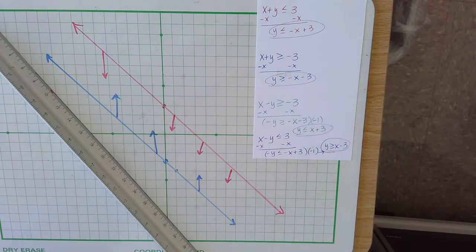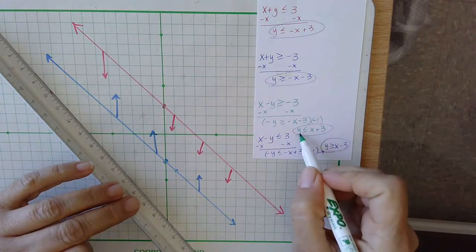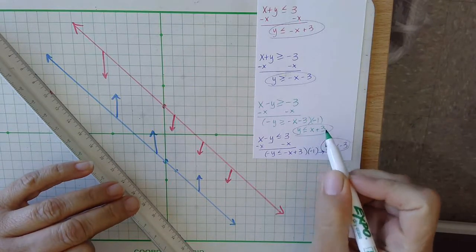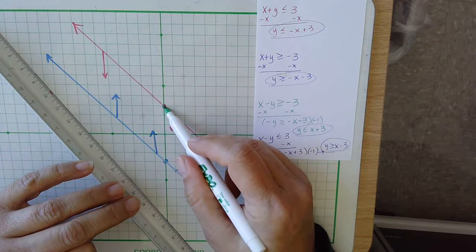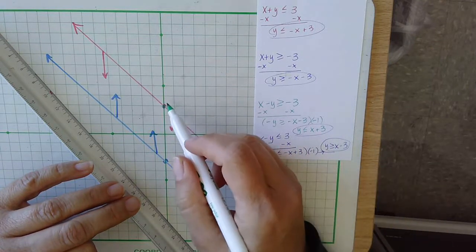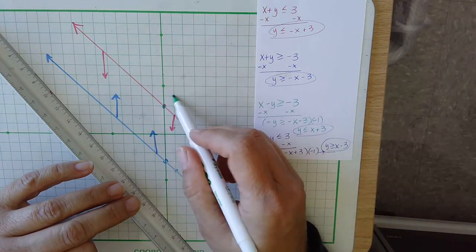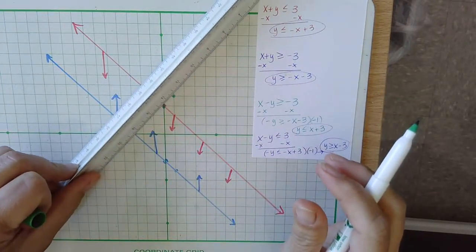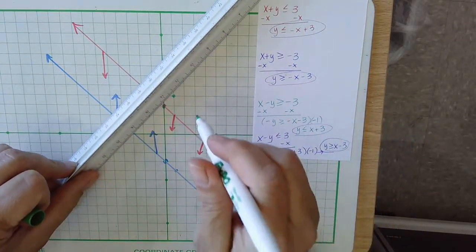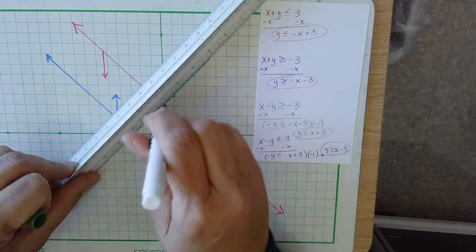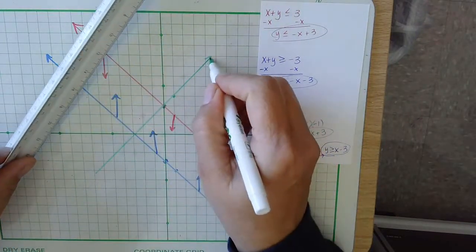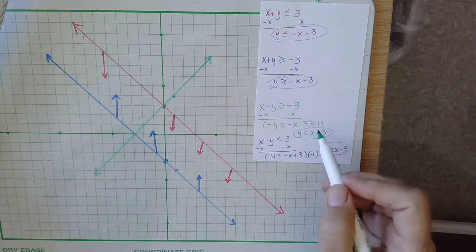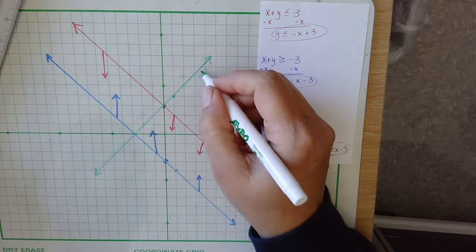My third inequality is y less than or equal to x plus 3. So my y-intercept is 3. My slope now is 1. And my solutions are less than this line.